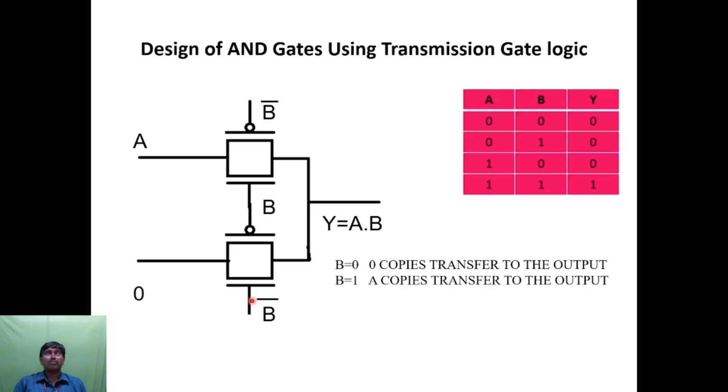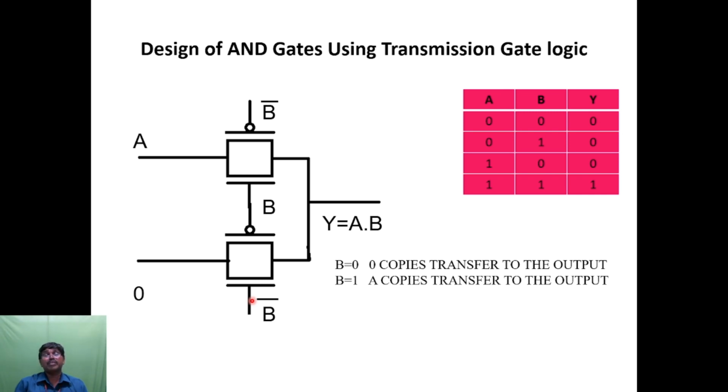Next we have to see the design of an AND gate using transmission gate logic. Now here there is a transmission gate. We are familiar with the gates: AND gate, OR gate, NOR, XNOR.